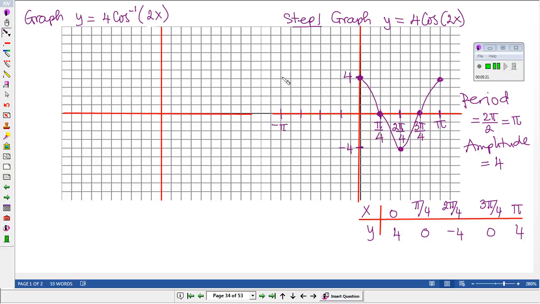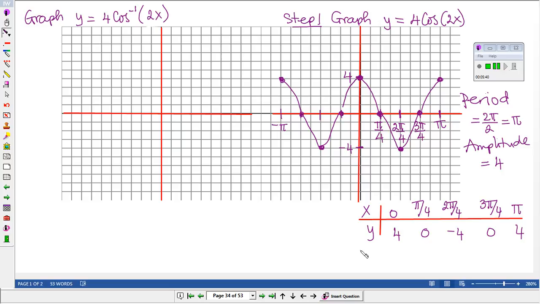So we have 4, 0, negative 4, 0, and 4. And then connect. So this is step 1 done. This is the graph of the cosine function.